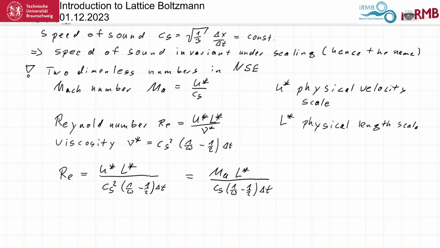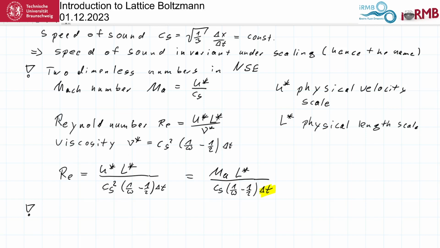So cs is, as we discovered, scale independent, because it's delta x by delta t, they scale the same thing, so together they are scale independent. But we are unfortunately left with a scale dependent parameter, delta t, inside the Reynolds number. And this is a little bit of a problem, because the Reynolds number is a physical constant, right?